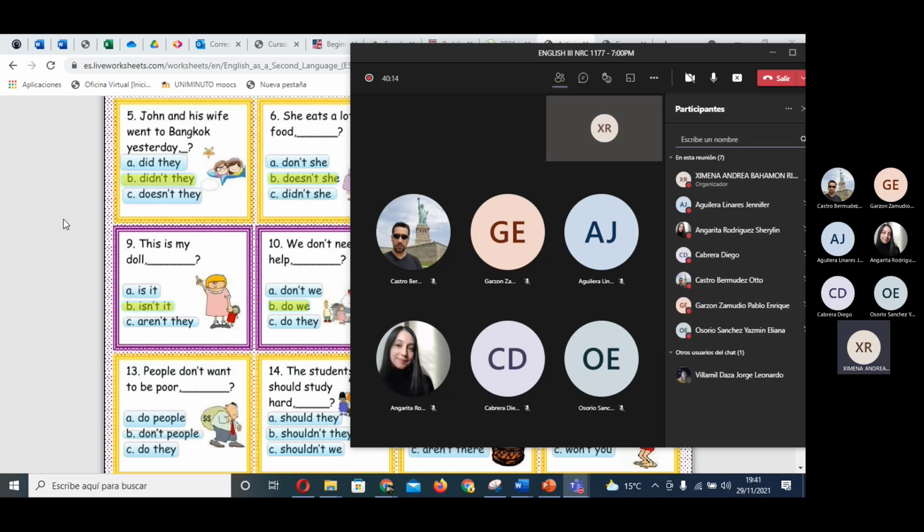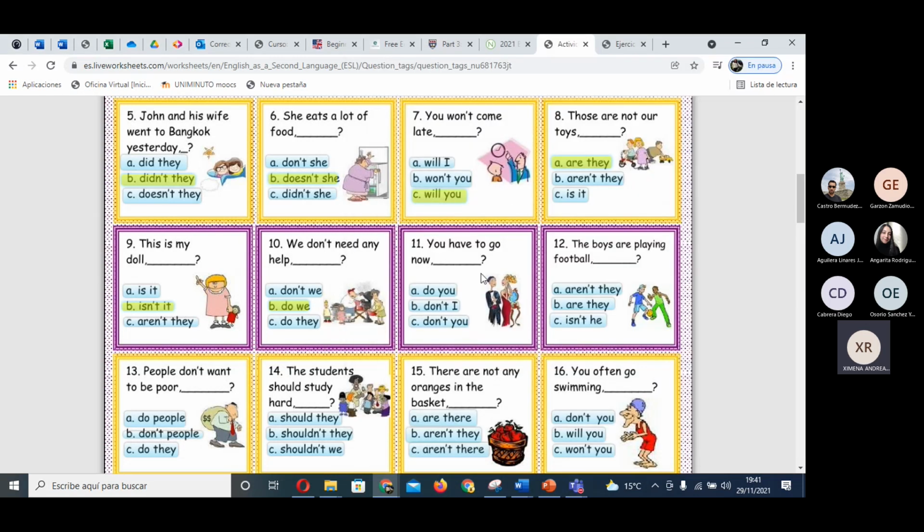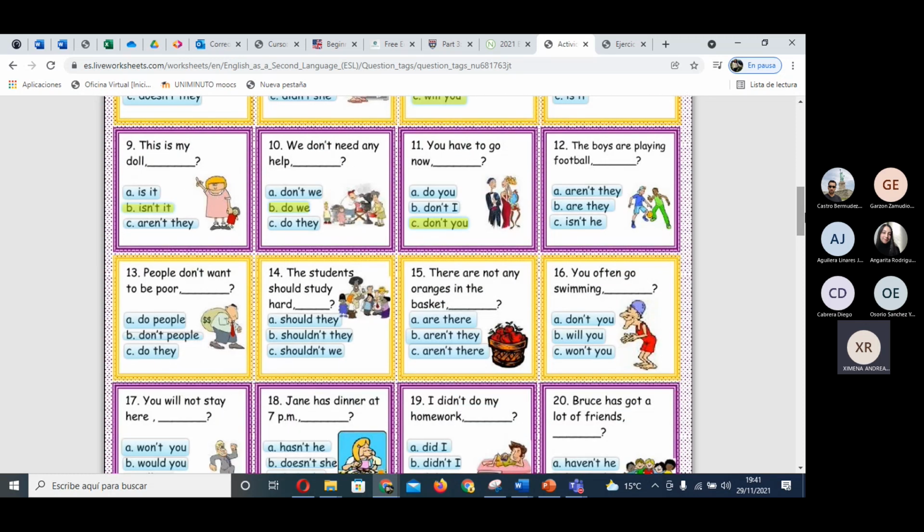Okay, so let's do it. Entonces, you have to go now. Este have to es un presente simple, ¿no? Acá no nos confundamos con el presente perfecto, donde dice I have written, I have got. No, simplemente necesitamos un auxiliar, como es afirmativa, el auxiliar debe ser don't y el sujeto es you. Don't you.